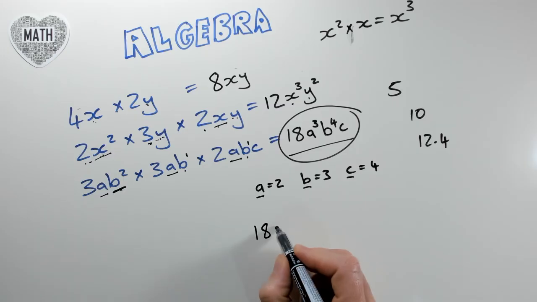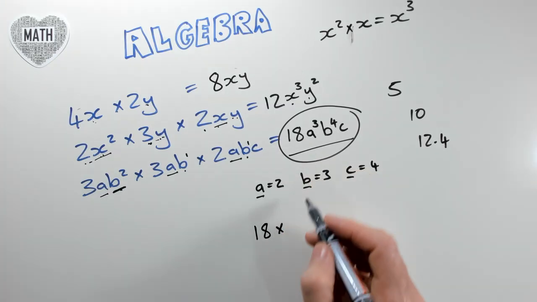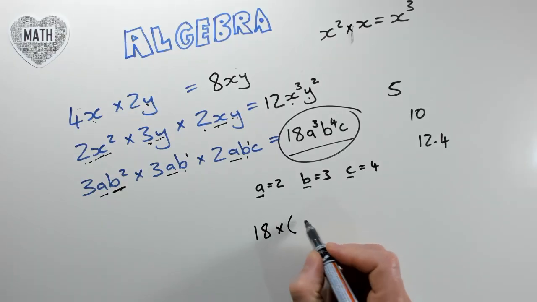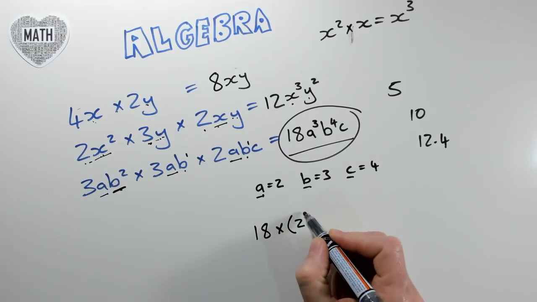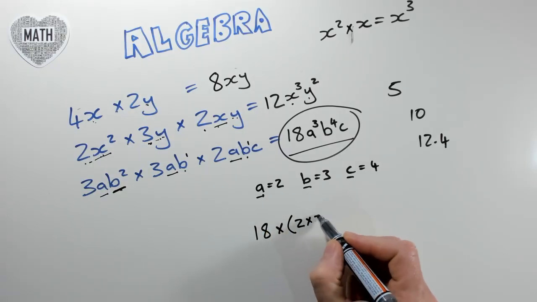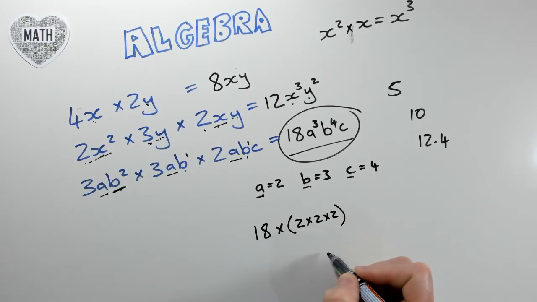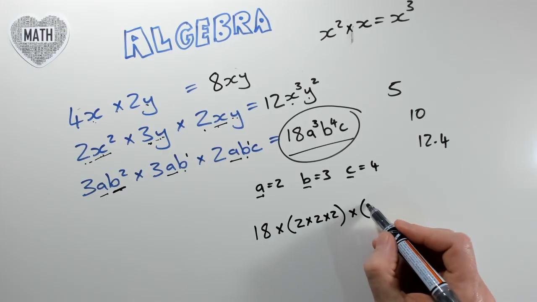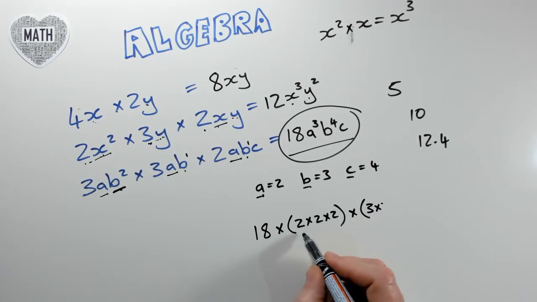You'll say, okay, the 18 is there and that's going to be multiplied by A, which is 2, and the 2 is multiplied by itself 3 times. You can maybe write that. And then we're multiplying by another number, which is 3. Obviously, we won't write it like this.